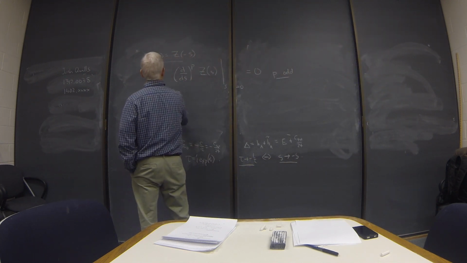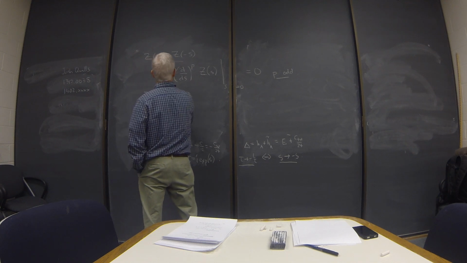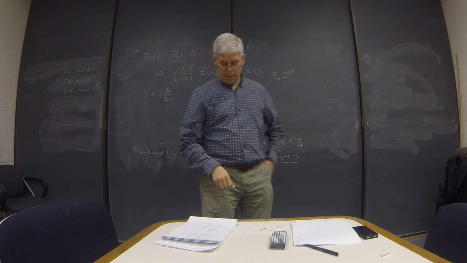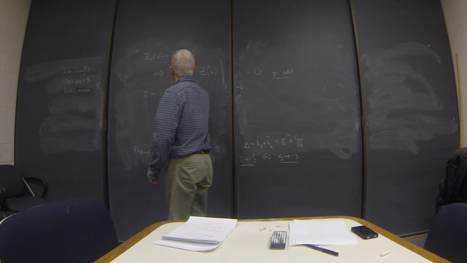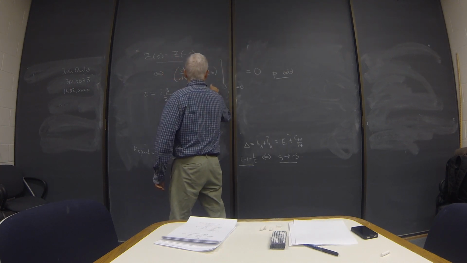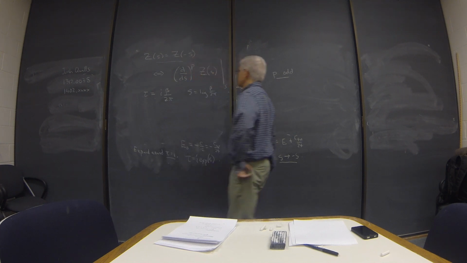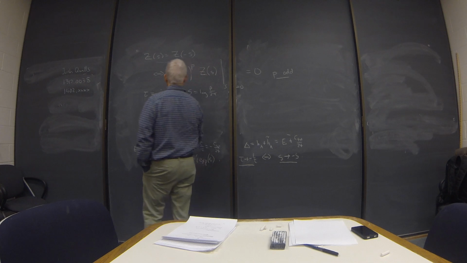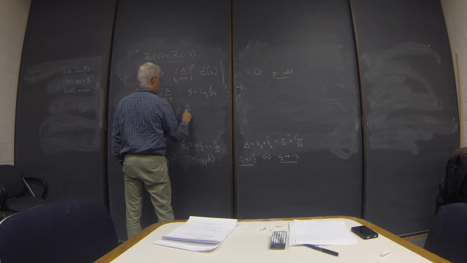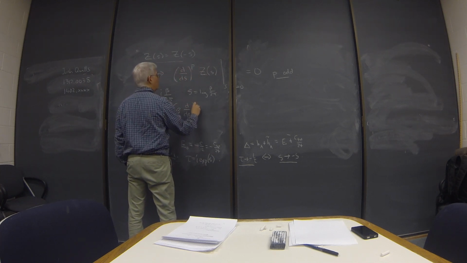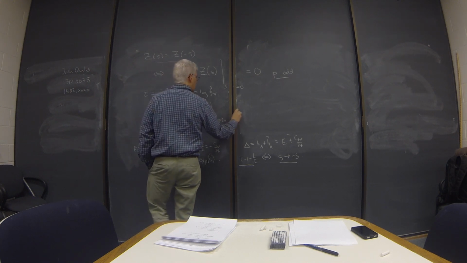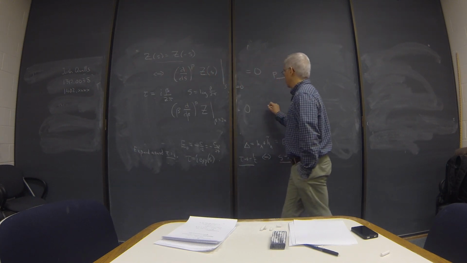The relation between beta and S is that S is log of beta over 2 pi. So if you plug that in for S, then these equations can be written in terms of beta.